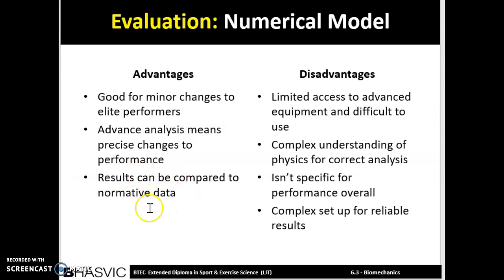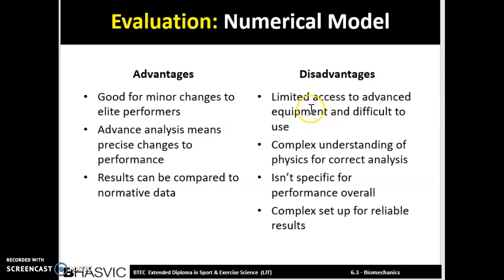And then also these results can be compared to normative data, and the normative data then creates motivation for the performers, as they then have goals and times to strive for and aim to get to. But it also makes it easier for coaches in the selection of their teams, as using a wide range of tests, they can then see who fitness-wise is best overall, but not necessarily skill-wise.